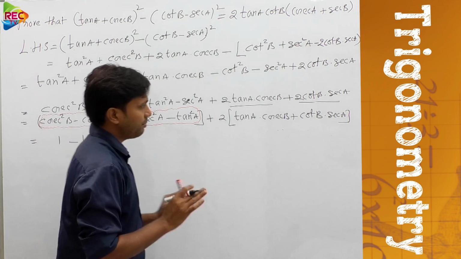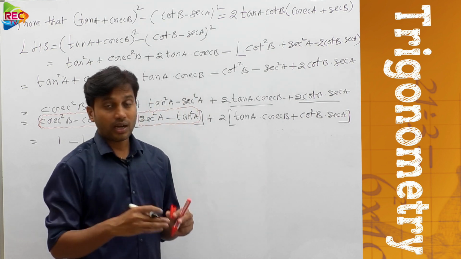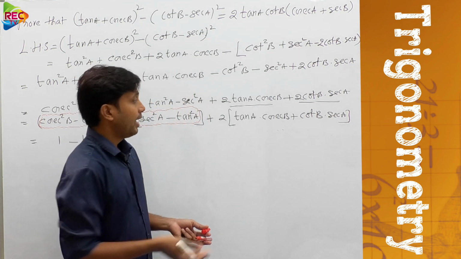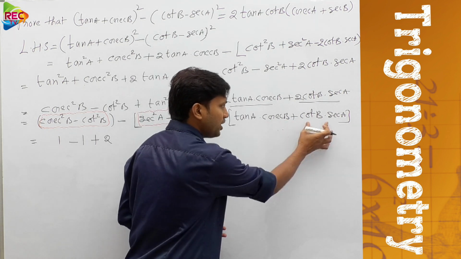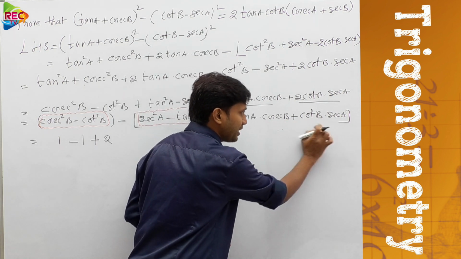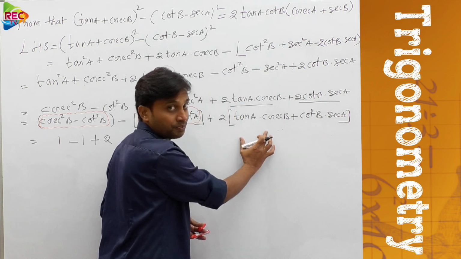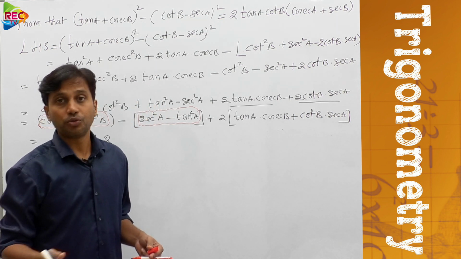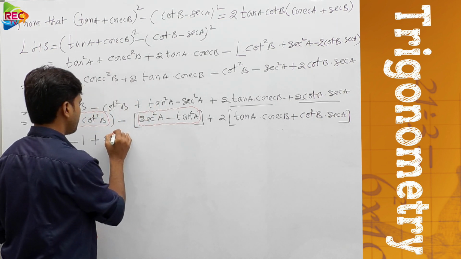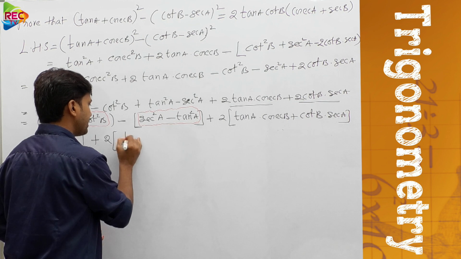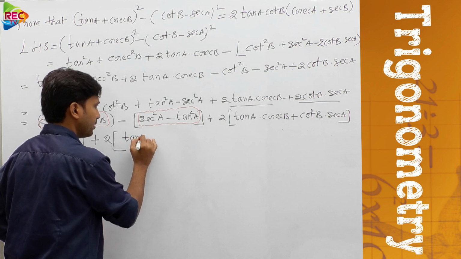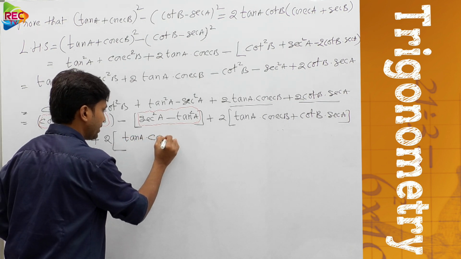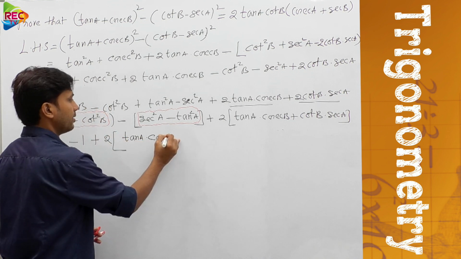Now for our convenience, I want to make some small changes to the expression inside these brackets. See here, this is tan a and this is cosecant b.